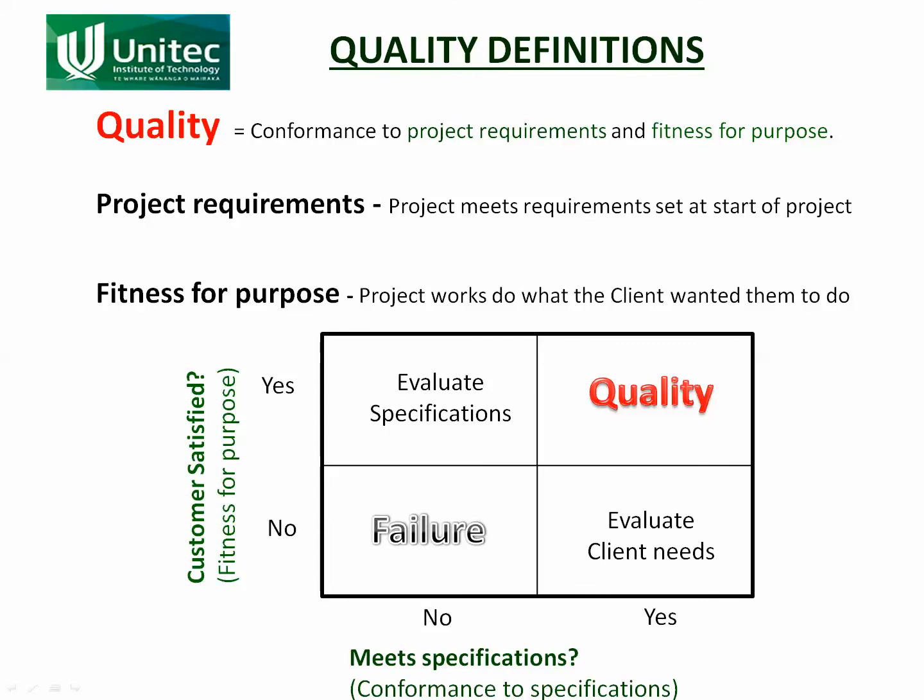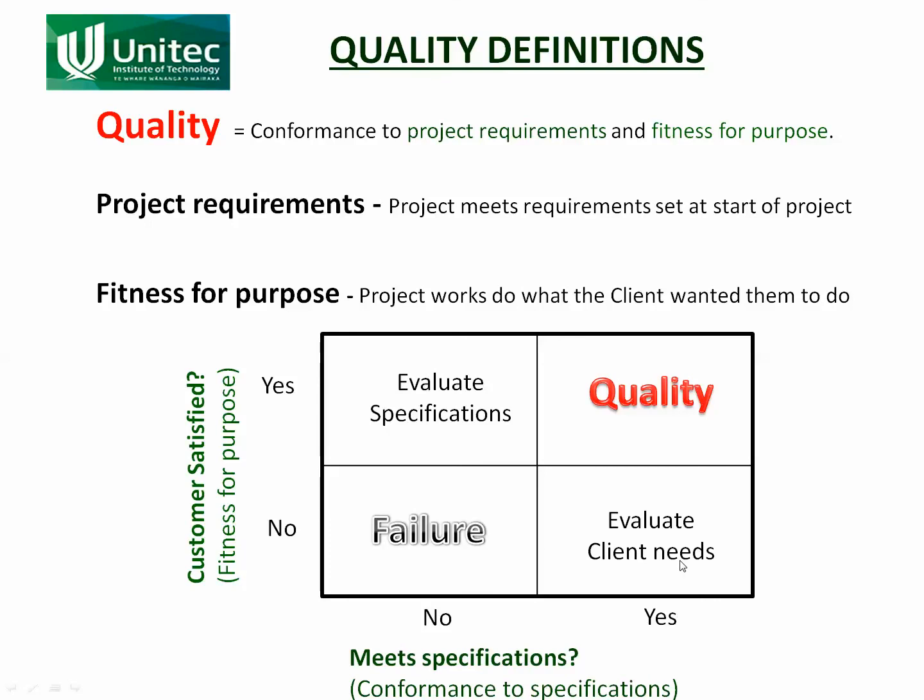And it may be that you build it to the contract document or the tender document, or if you're talking about design, you might have designed it to the requirements of your consultancy contract, but the client's still not happy. In other words, you didn't translate the client's needs into the scope of your project.